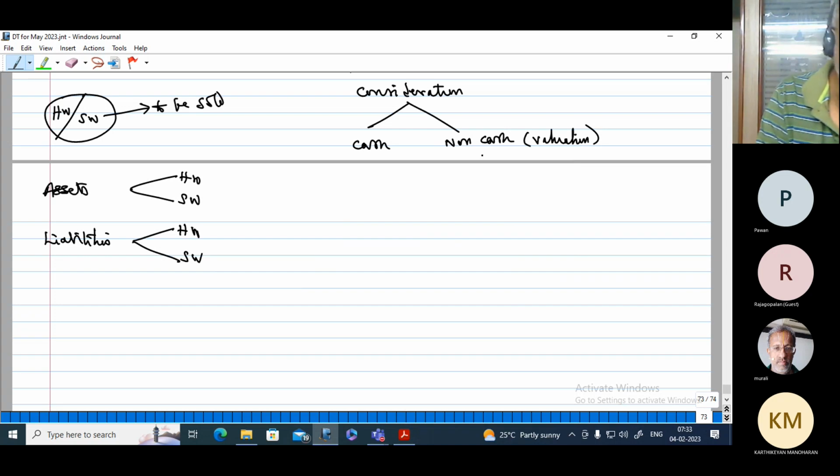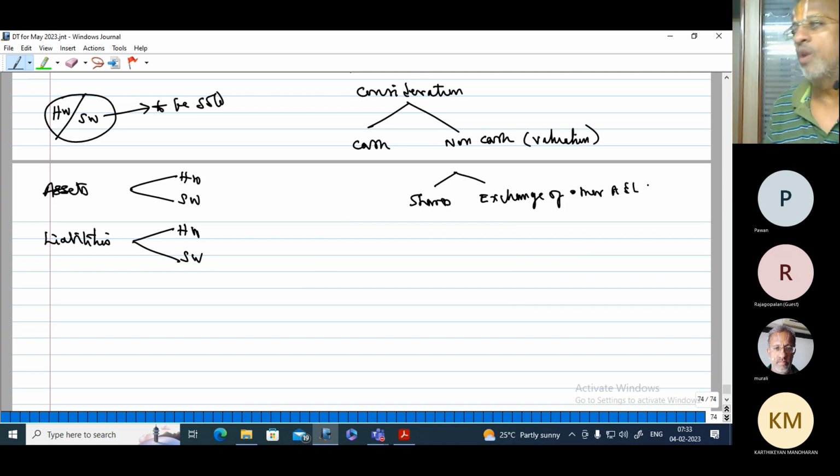Non-cash would mean either it could be in the form of shares, or it could be an exchange of other assets and liabilities. Because that company wanted to give off their hardware division, they may be giving their hardware assets to this particular company.